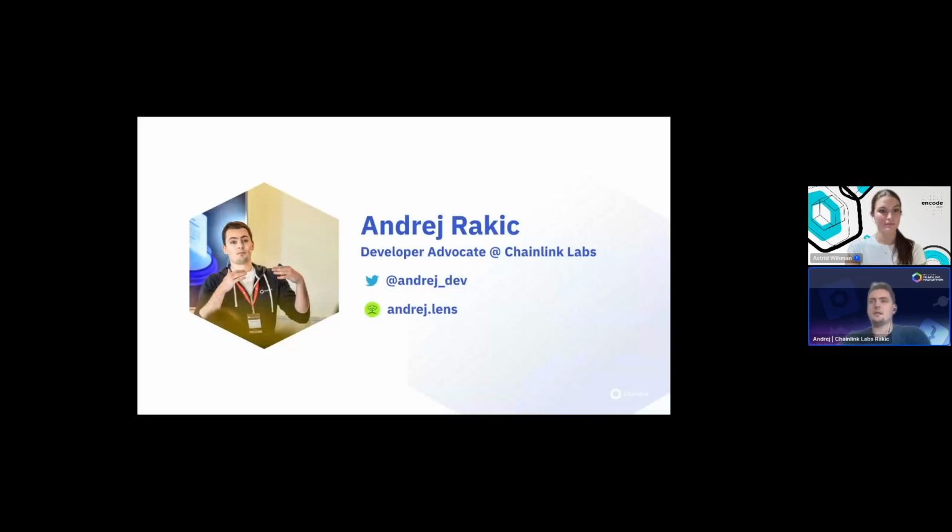Chainlink Functions is something new that we launched during ETH Denver. The project is still in beta, so in order to try it on a testnet or mainnet, you will need to go through a whitelisting process on a website, which is just filling a simple Typeform.